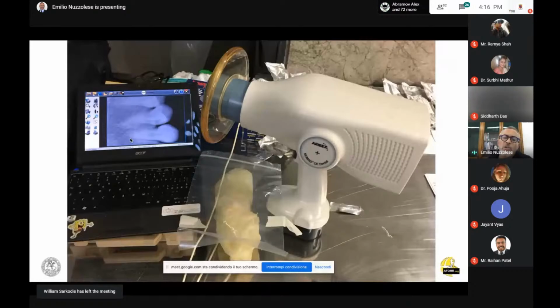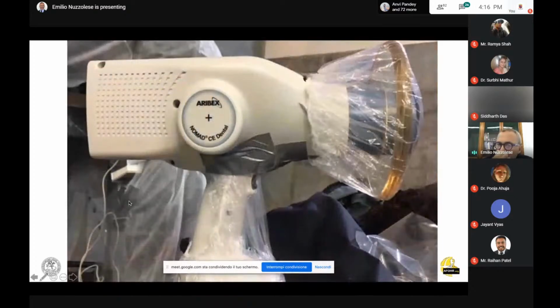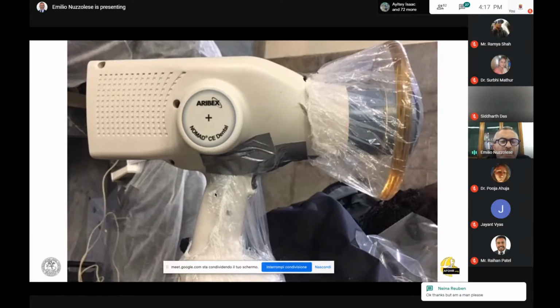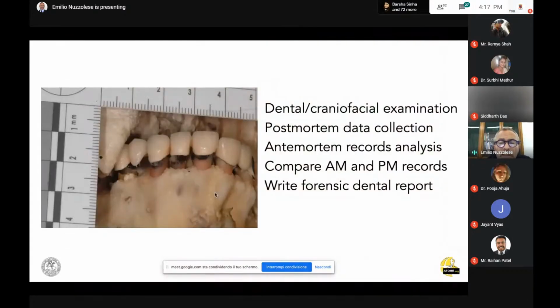We can also have information from X-rays of certain teeth, which can be used to assess the age of the unidentified human remains, which is part of the biological profile. Again, we protect the X-ray because we want to protect from any contamination, especially now that we may be asked to perform a dental autopsy of unidentified human remains, which should be considered potentially infectious as we are facing the COVID-19 pandemic.